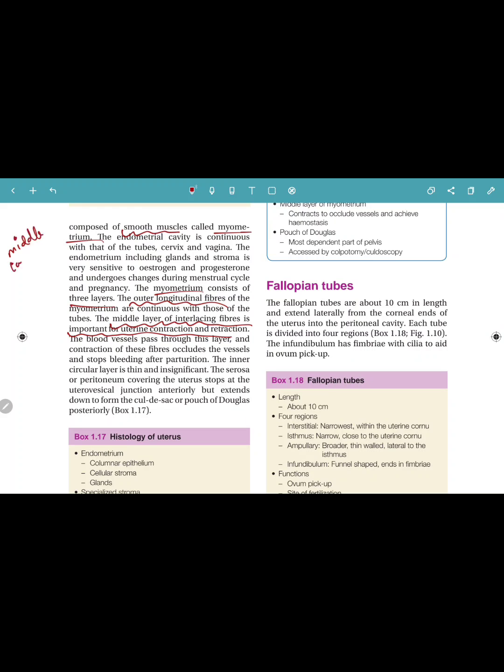The middle layer of myometrium consists of interlacing fibers important for uterine contraction and relaxation.